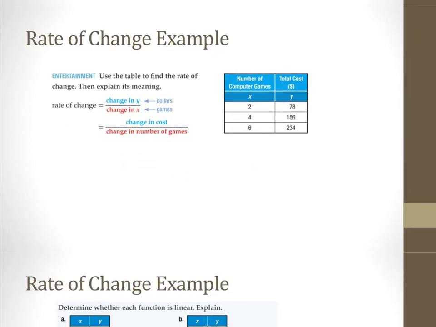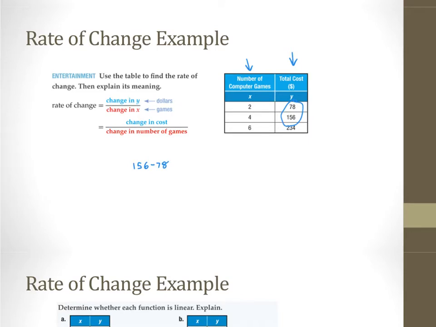Now, finding it from a table, you're going to look for the change, again, in y, and put it over the change in x. So what that means is I'm going to take 2 y's. Now, I can pick any of these 3 that I want, but I'm going to pick these 2, because as you know, I have a thing against bigger numbers.